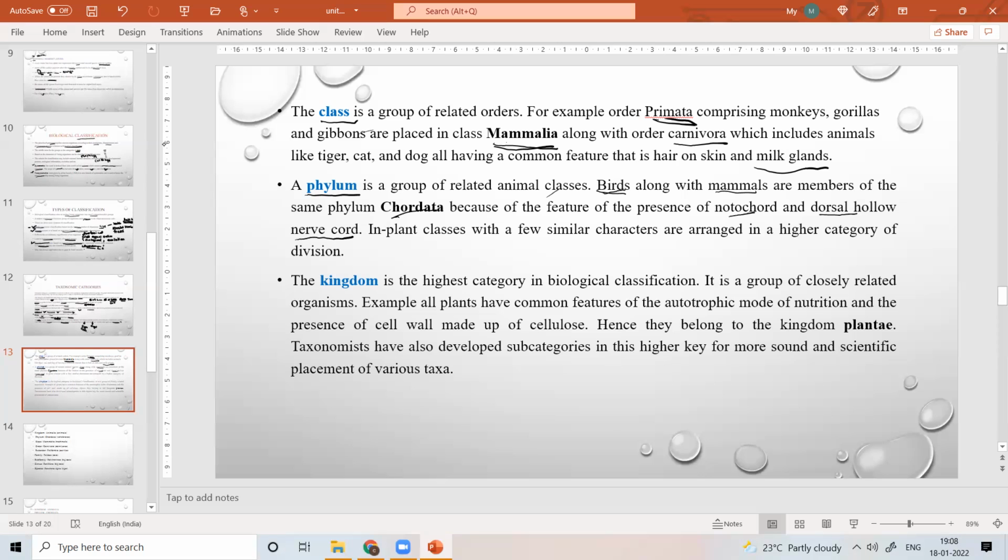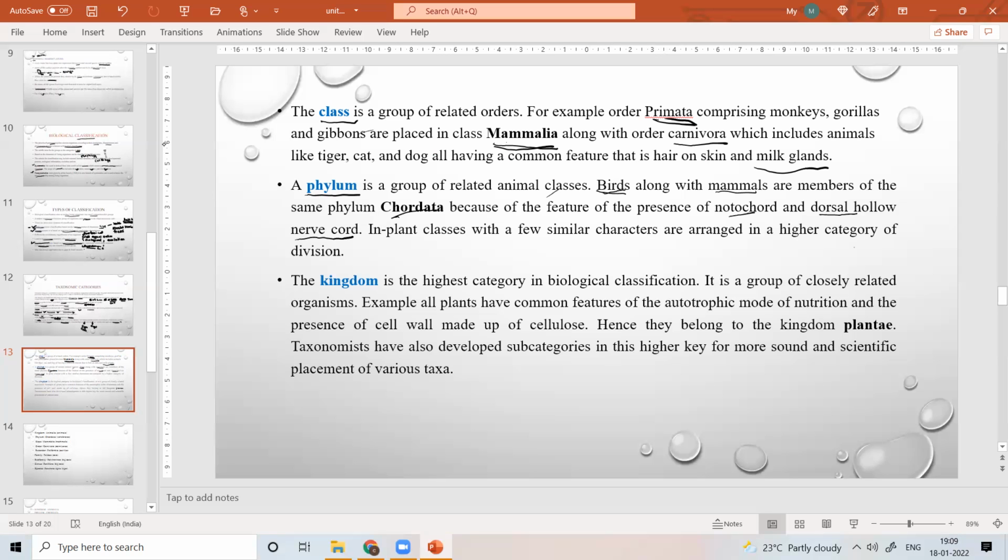So basically, in plants, classes with a few similar characters are arranged in the higher category of the division. So basically a phylum consists of a group of related animal classes or plant classes. Different classes together form a phylum.